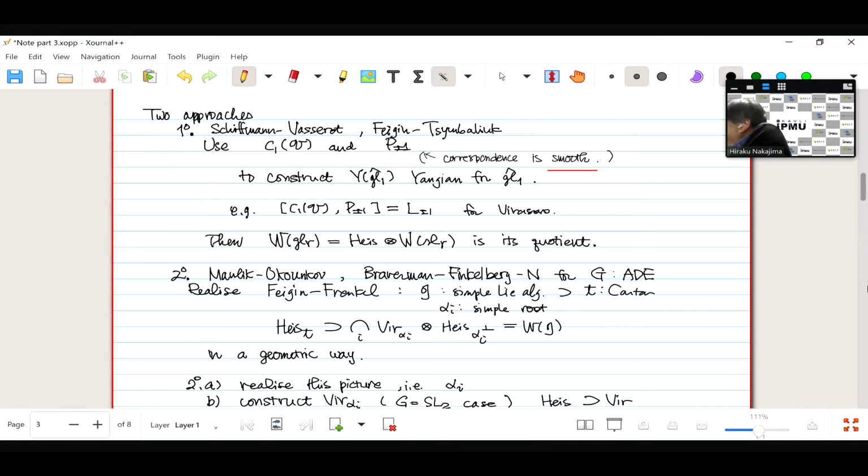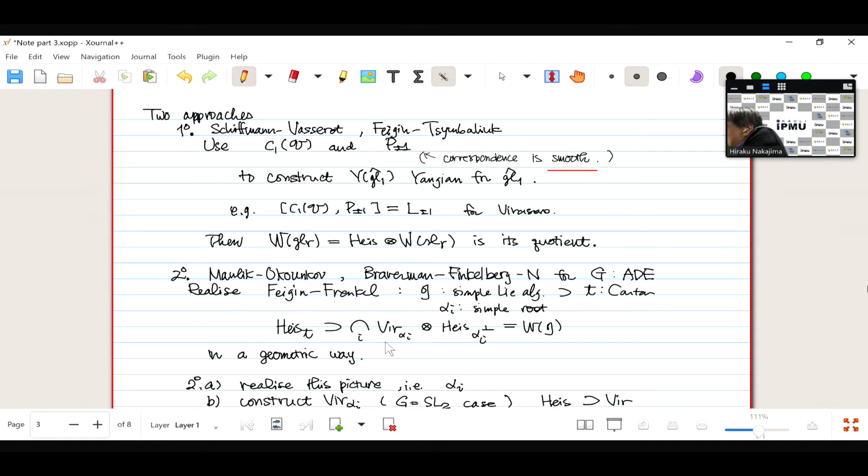And alpha i is a simple root. Then, for each alpha i, alpha i determines an sl2 subalgebra, isomorphic to sl2, in G. Corresponding to that, you have the Virasoro algebra, right?